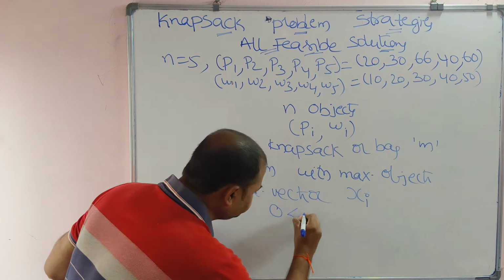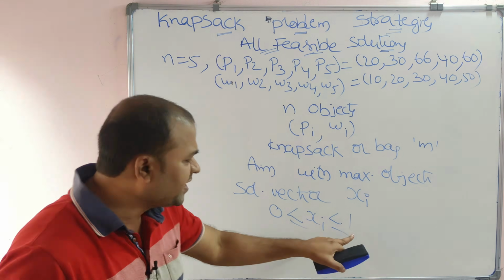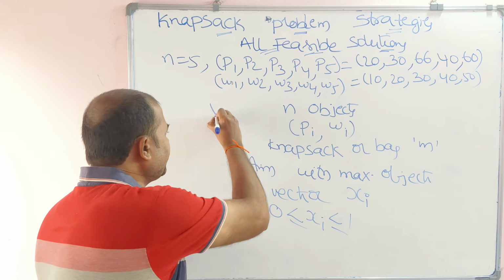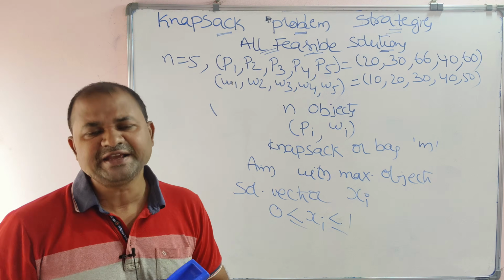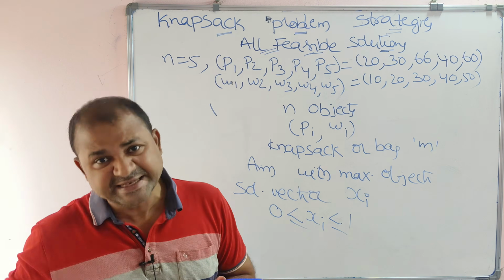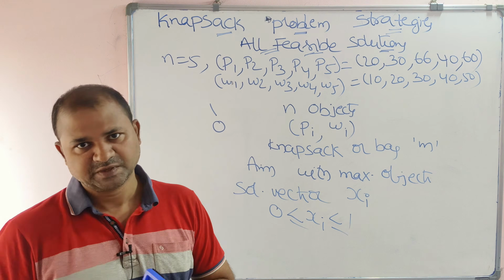Xi ranges from 0 to 1. If an object is placed in the knapsack, then the xi value is 1, whereas if an object is not placed in the knapsack, then the xi value is 0.